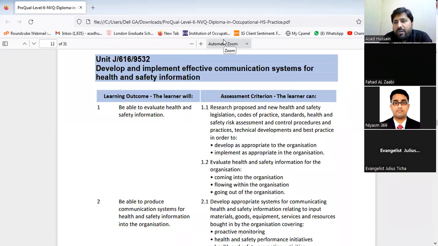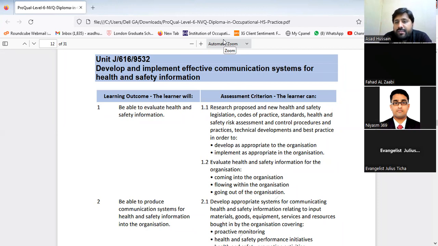So mostly what will be there, like, first of all, you have IOSH membership, IOSH magazines, legislation update subscriptions, HSE bulletin. HSE means Health and Safety Executive bulletin. You can add that.